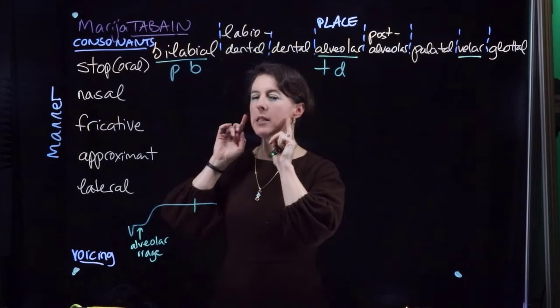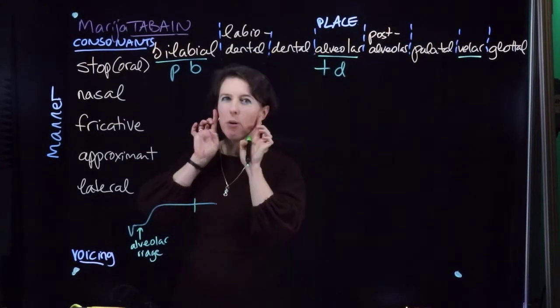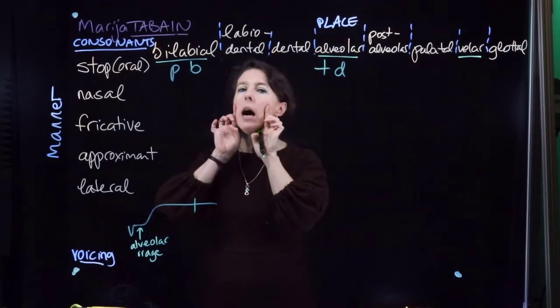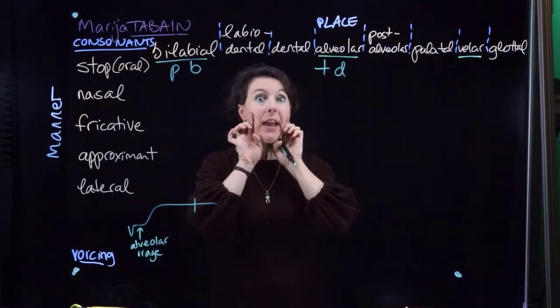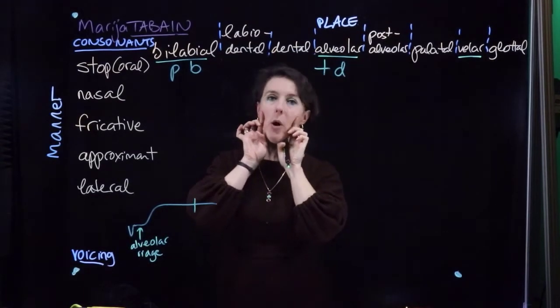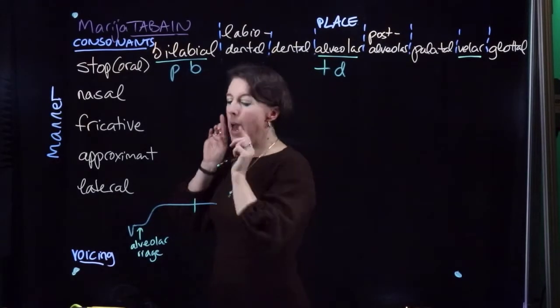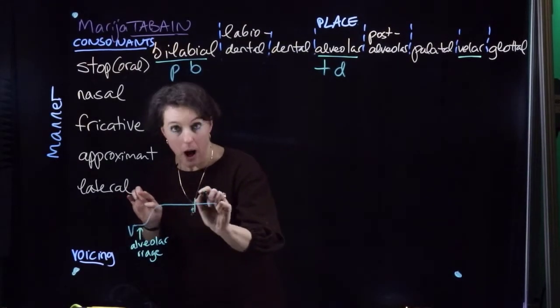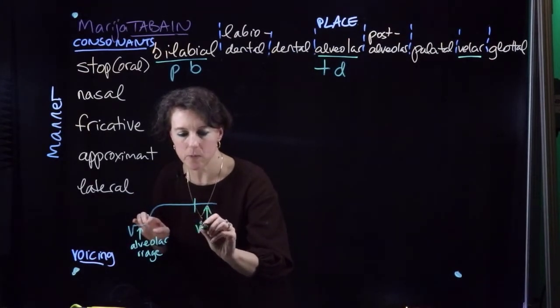Okay, starts feeling soft. And that point where it starts feeling soft is probably where your teeth end. If you have your wisdom teeth out, they're your third molars, that should be where the bony bit stops, okay? Now the bit behind where the bony bit stops is the velar region, okay?